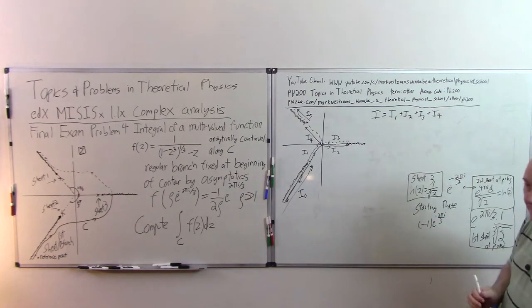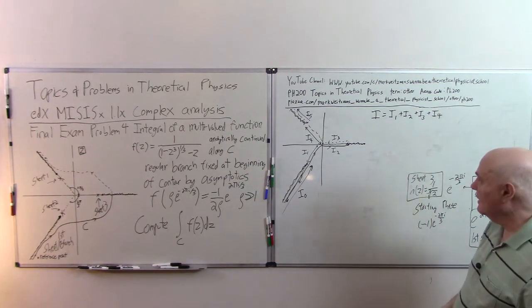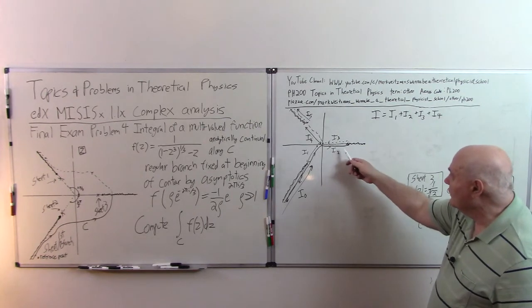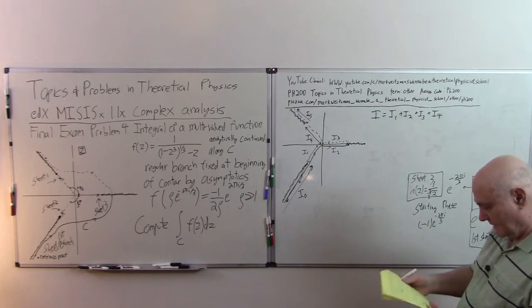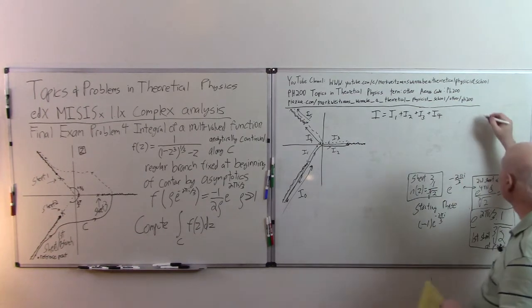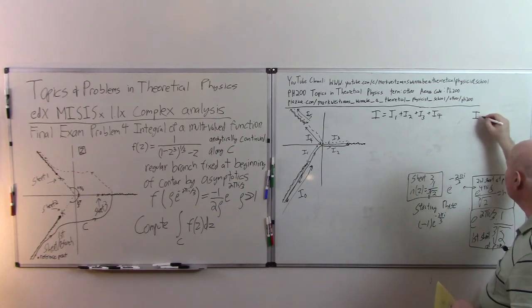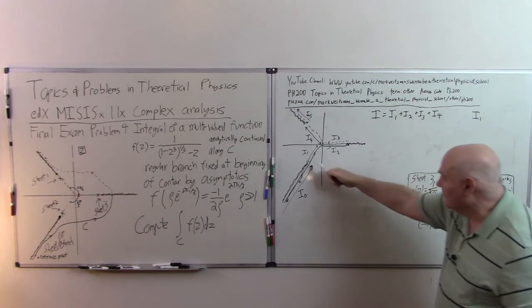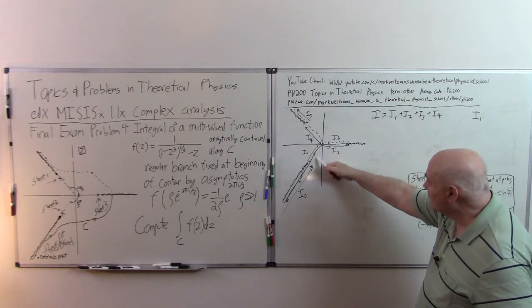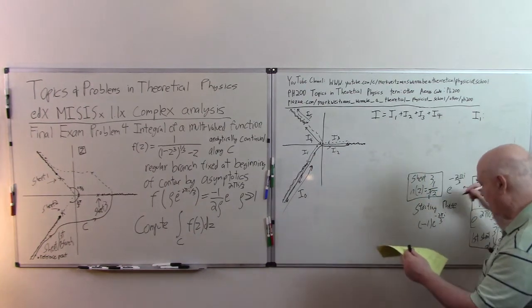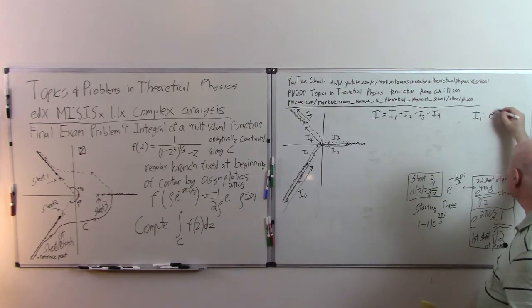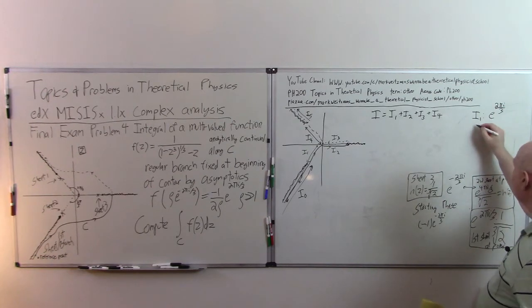Okay, that's good. Now, before I evaluate all these integrals, I want to evaluate the phase shift for each one. So, for I1, on this segment, as I mentioned earlier, it's the same as the pole, and all the points on this section have the same phase shift, and we're going to get the same e to the 2 pi i over 3 factor.